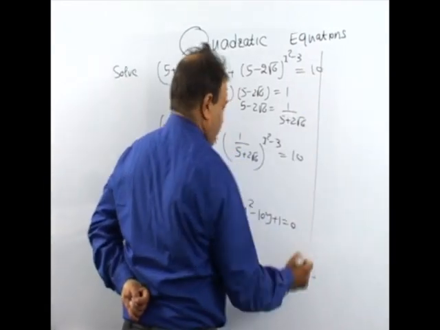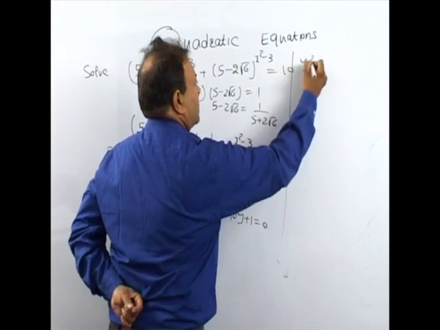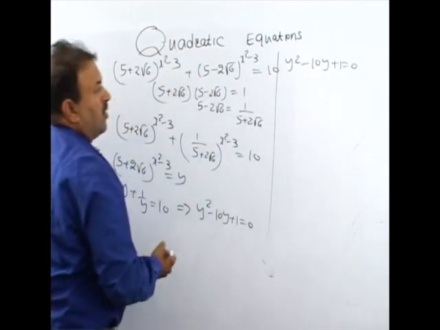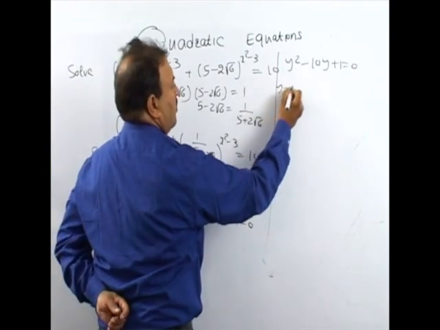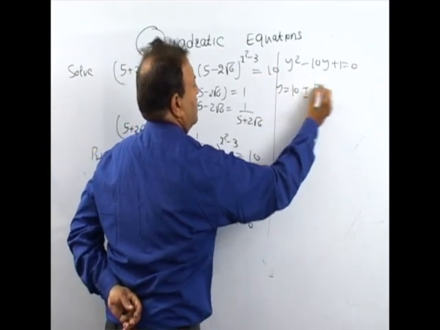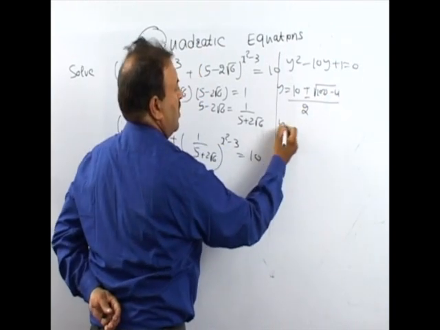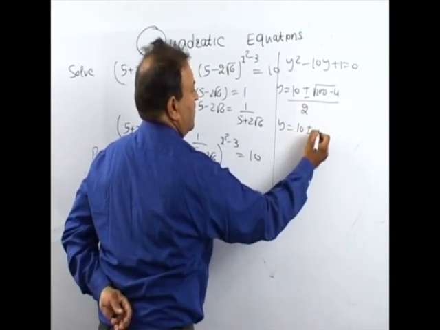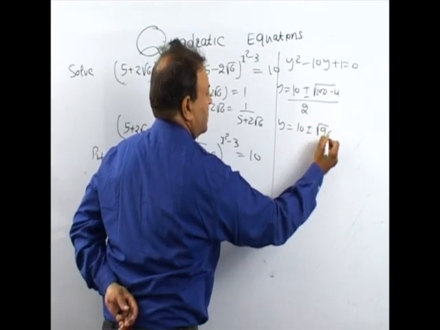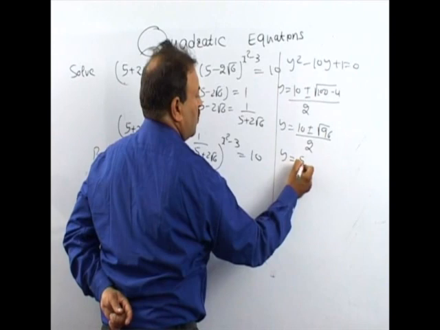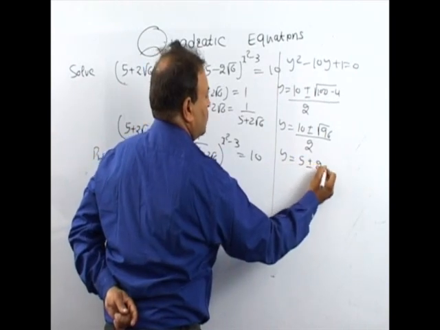Now solving y square minus 10y plus 1 is equal to 0: y will be equal to 10 plus minus root of 100 minus 4 upon 2, that is 10 plus minus root 96 upon 2. And y will be equal to 5 plus minus 2 root 6.